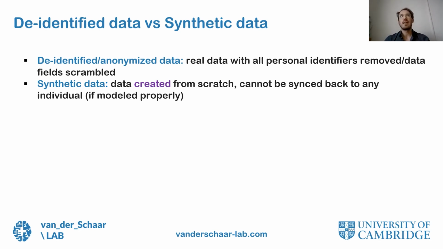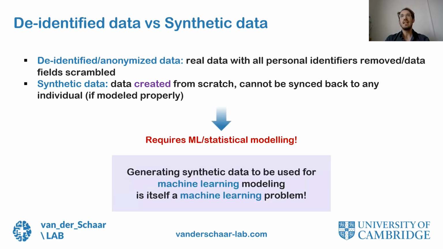Another and better option is to create synthetic data, which means that you create data from scratch. Just from random noise, you generate data. The idea is that it cannot be traced back to the individual if you do it well. Of course, it's not easy to generate data that looks like real data, but is in fact fake data. To do this, we actually need machine learning. So we need machine learning so that we can enable more machine learning. That's the idea behind synthetic data.